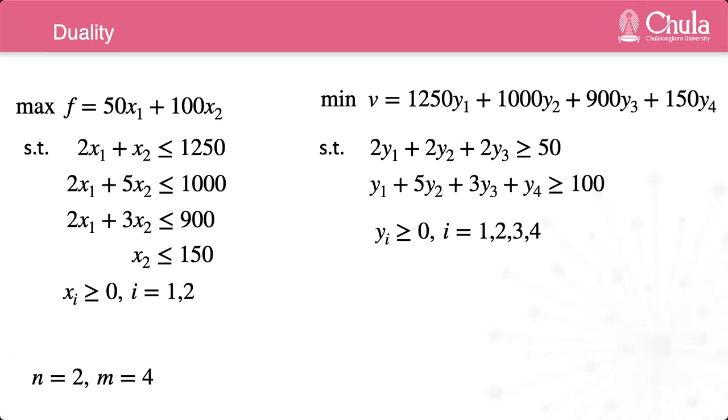You see that the number of variables in the primal is different from the dual. In the primal problem, we have two variables, right? And the number of constraints is 4. However, in the dual, we have 4 different variables, but only 2 constraints.